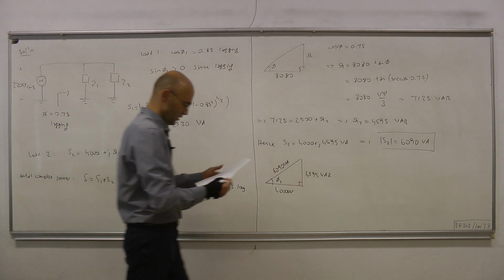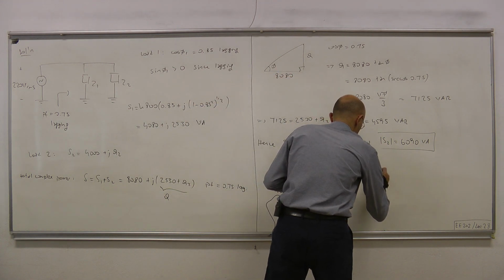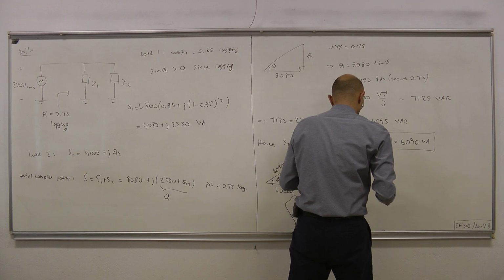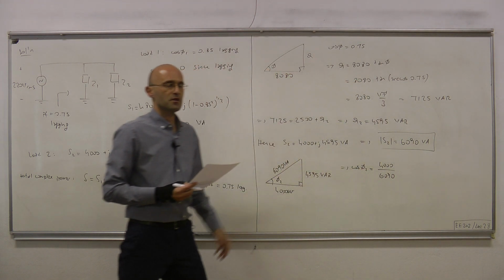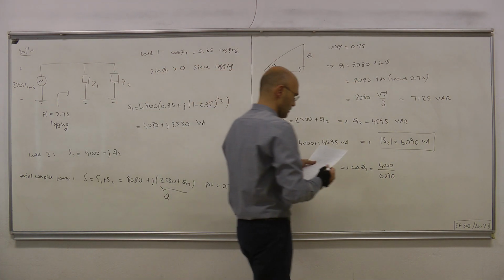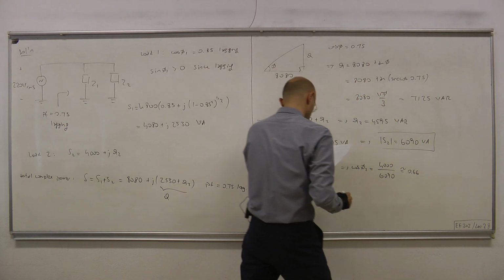So cosine phi 2 is 4000 over the hypotenuse 6090, which is about 0.66.